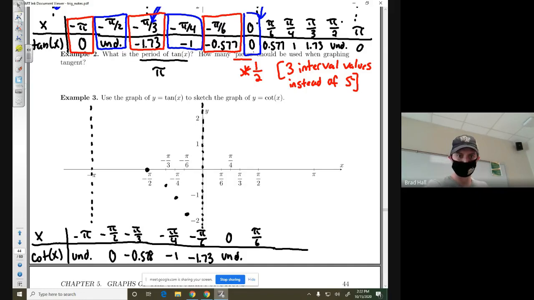Pi over 6. You can reciprocate 0.577 to get 1.73. That'd be right up here. Pi over 4. Reciprocate 1 to get 1.